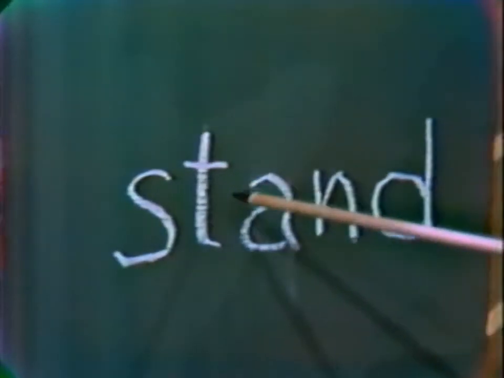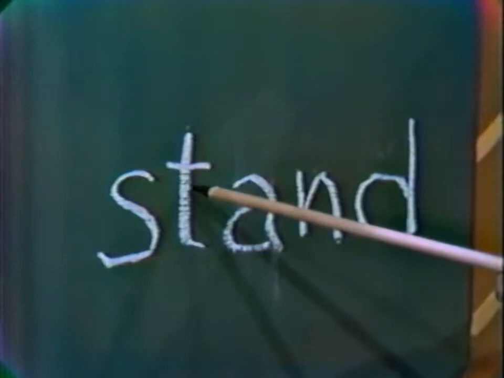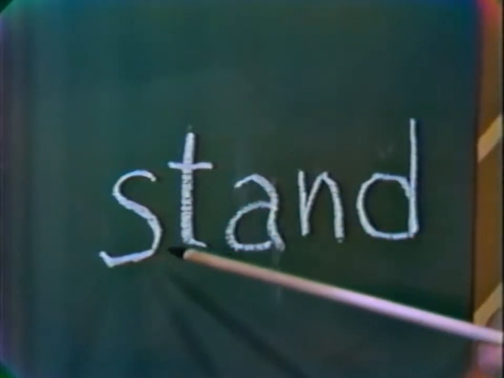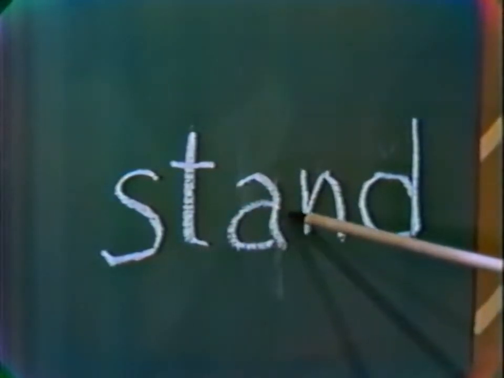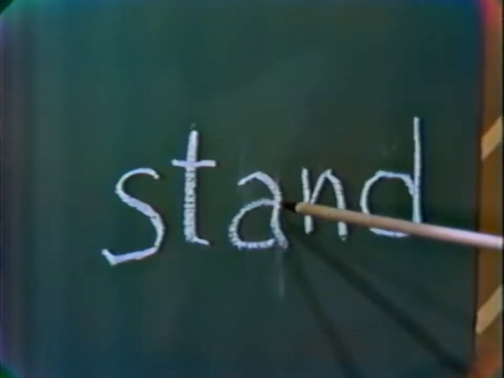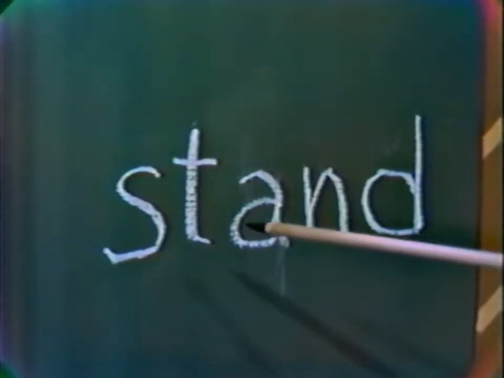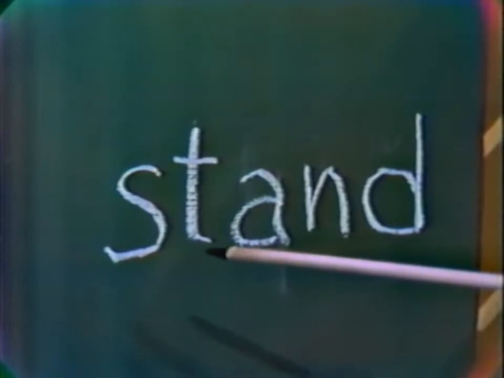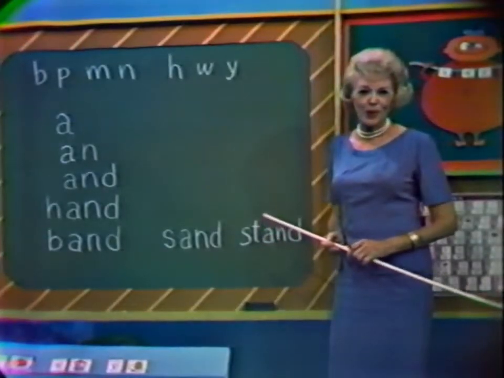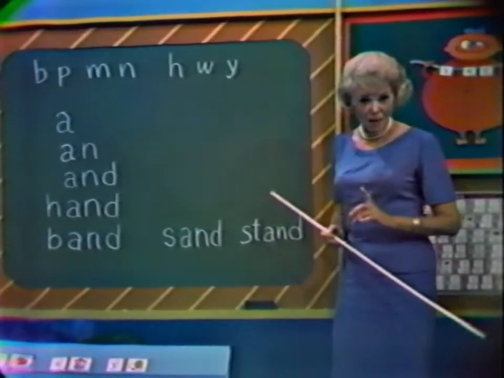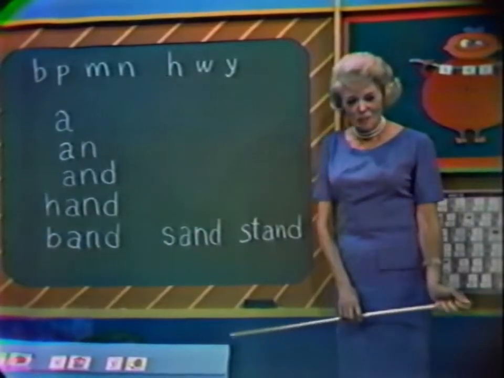And now look, if we put a T right here after the S, we have made the word stand. You can stand there, and I'll stand here. We can make lots more words and get ready for a new game, and I'll talk about that in just a moment.